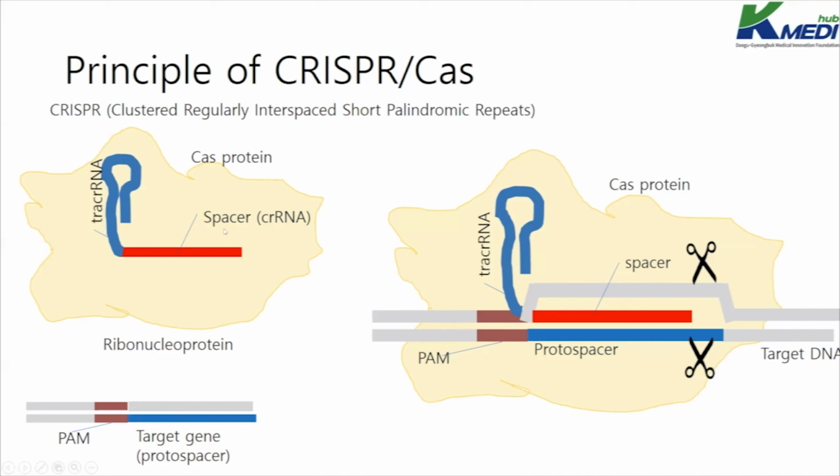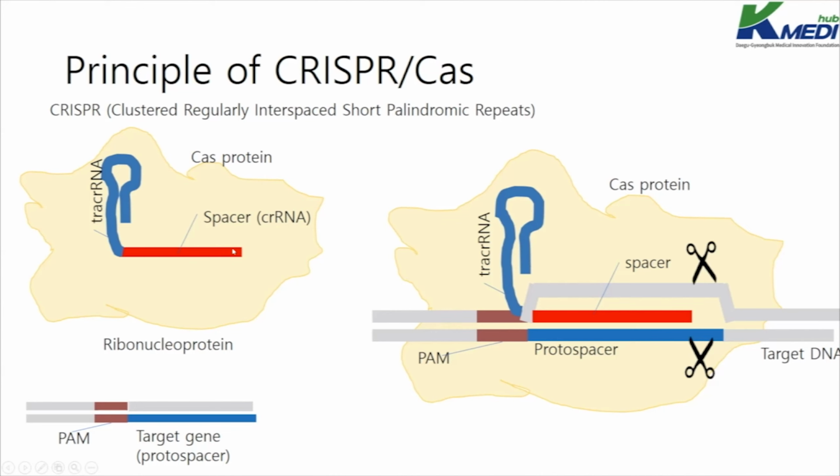One is the spacer, and the other one is the tracrRNA. The spacer is related to the recognition of the target gene, and the tracrRNA is responsible for binding to the Cas protein. So when this ribonucleoprotein complex recognizes the target gene, the whole ribonucleoprotein is activated, and this activated ribonucleoprotein cleaves its target.